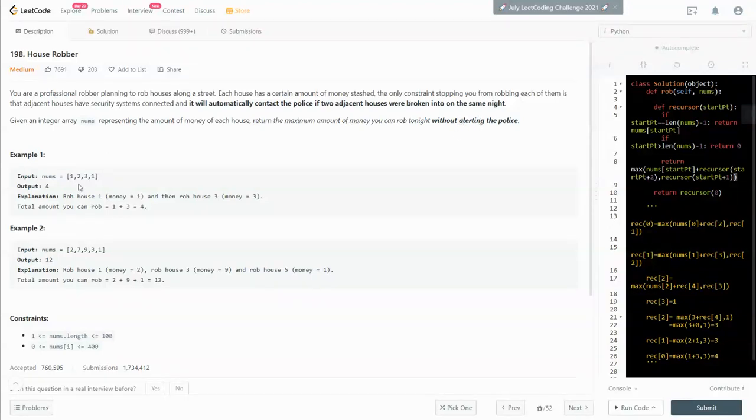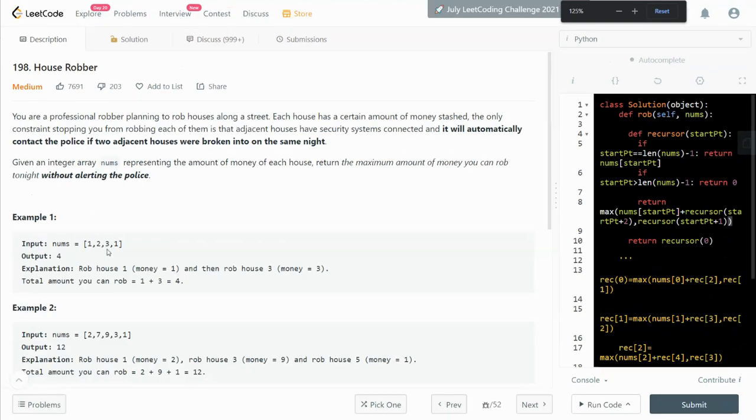So let's look at this example. For this particular case, the first house has $1, the second house is $2, the third house is $3, and the fourth house is $1. Because we cannot rob two adjacent houses, one approach is to rob the first one, skip the second one since it is adjacent, and then go to the third one. Secondly, we can rob the second and the fourth. Or we can rob the first and the last one.